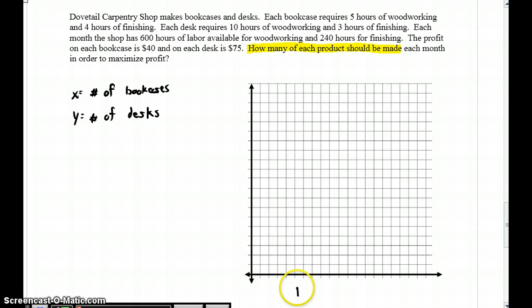So here I've got bookcases on the x-axis and desks on the y-axis. Now the profit is going to be some function of x and y, or some number of bookcases and desks.